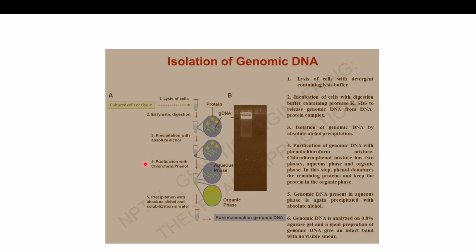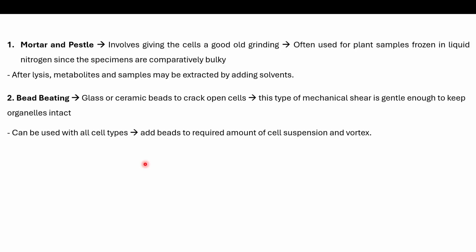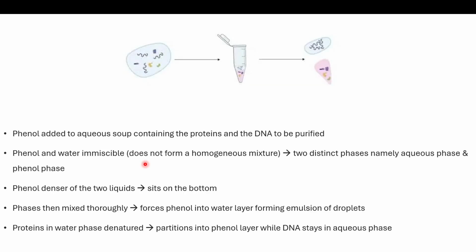This is basically to remove the proteins. So how exactly does it work? Phenol is added to the aqueous soup containing the proteins and the DNA to be purified. Now, phenol and water are immiscible. They do not mix and do not form a homogeneous mixture, so you can see very distinct phases.